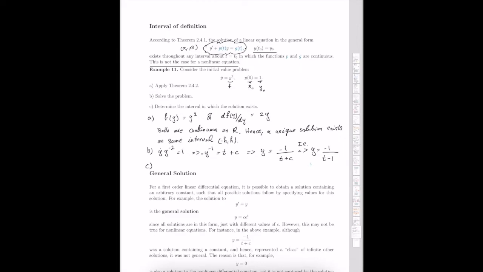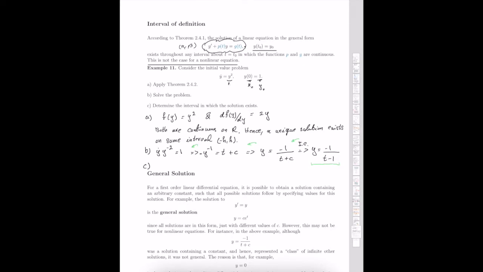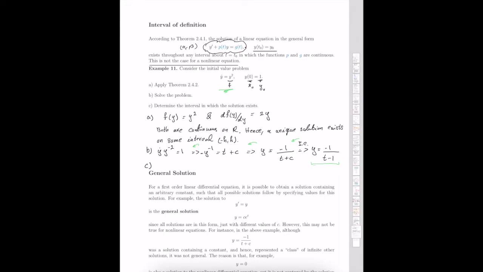We know if we take the derivative, then we will go all these steps back until we reach here. It means that this differential equation will be satisfied for our solution over here.